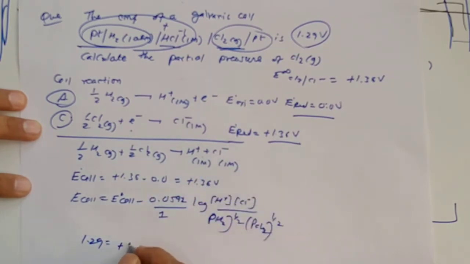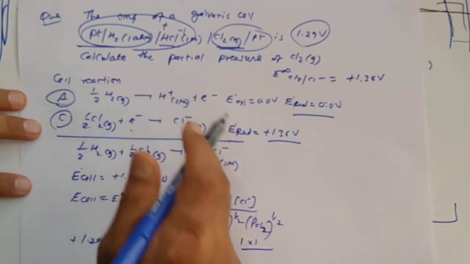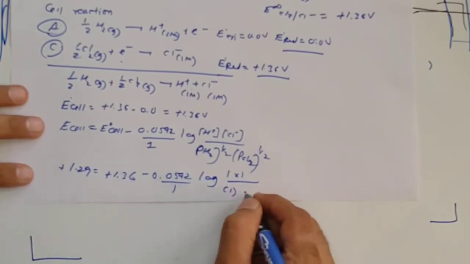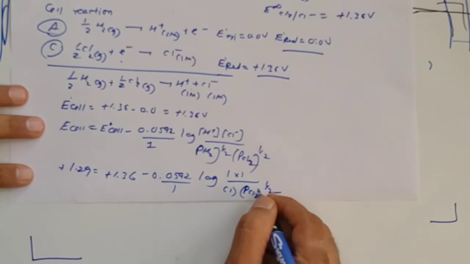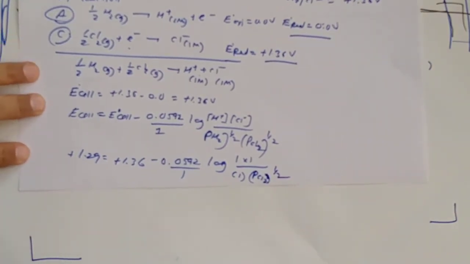E degree cell we derived as 1.36 minus 0.0592 upon 1 log. The concentration of H plus is 1, of Cl minus also 1 molarity, upon the pressure of hydrogen which is 1, and the pressure of chlorine raised to 1 half. It's a root, we have to take a root.